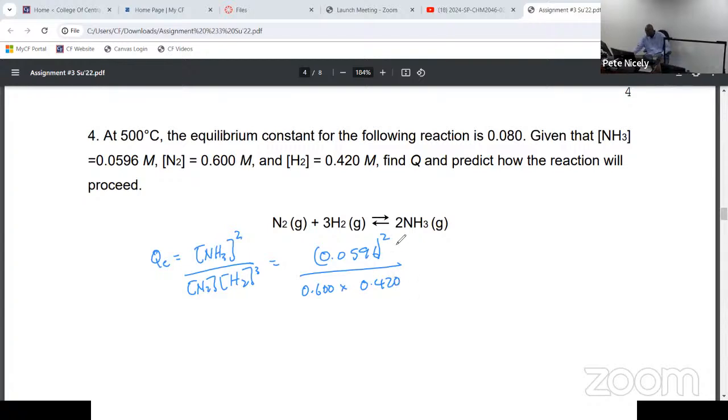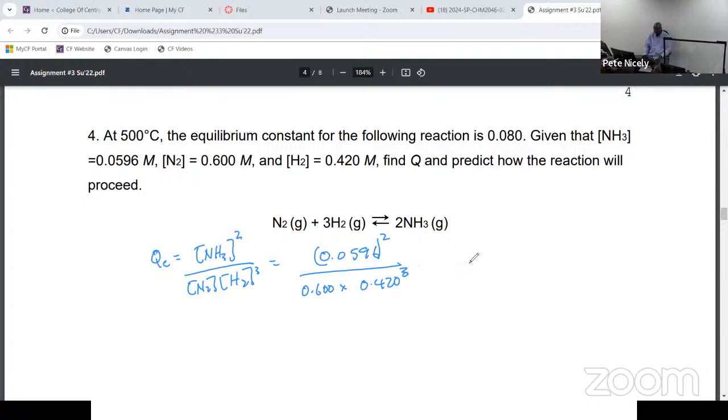All right, so let's see what that gives. 0.0596 squared. Oh, and this should be cubed. All right. 0.0596 squared divided by 0.6 times 0.420 cubed.